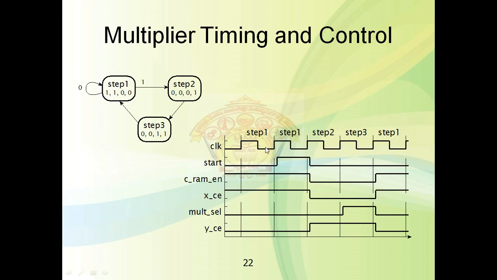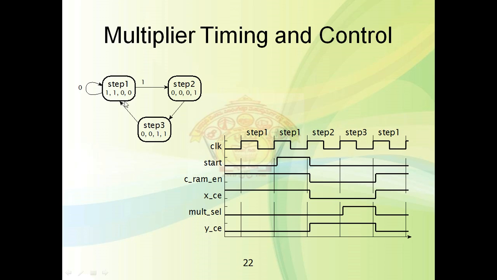In step 3 you can see the control signals, this is 0, this is 0, and mult select we have to make high, and then Y chip enable is equal to high. So 0 0 1 1 will be the output of the finite state machine in step number 3, and then the next state will be the wait state again.